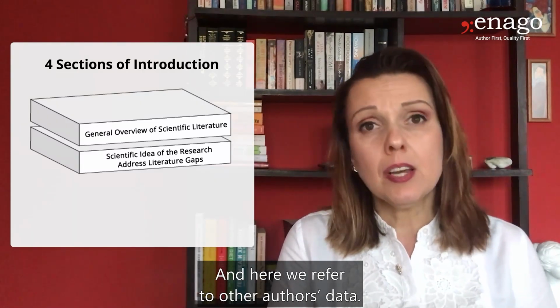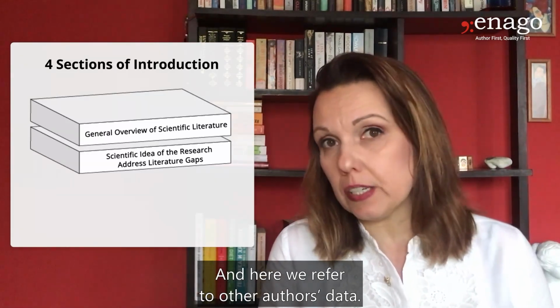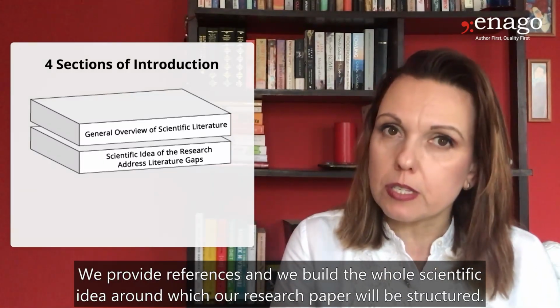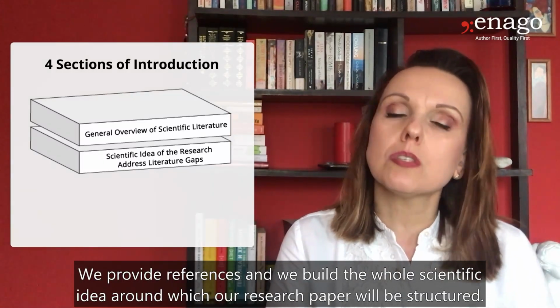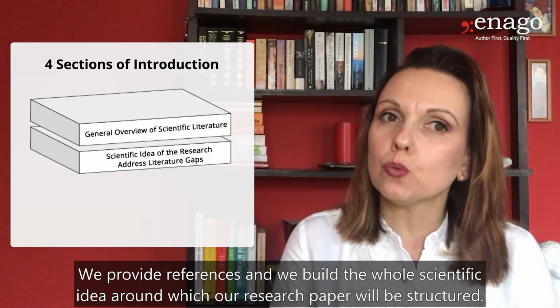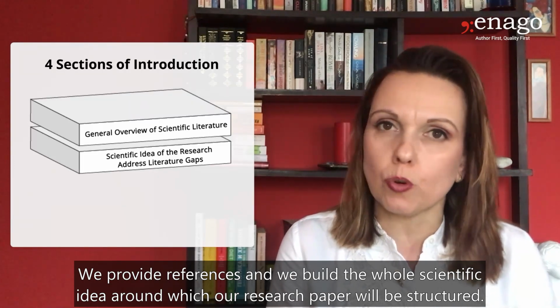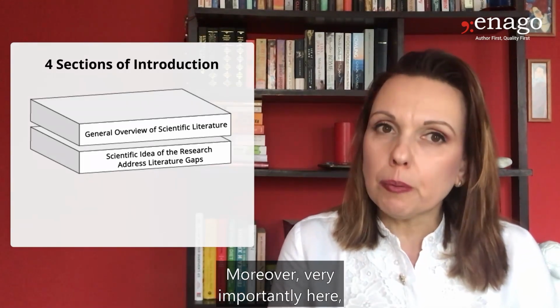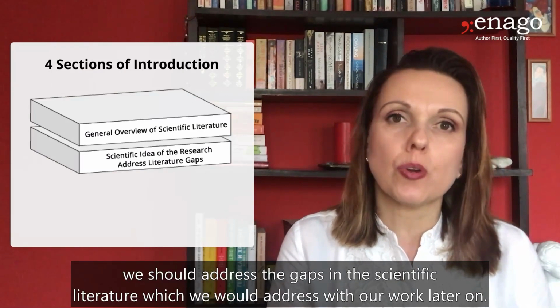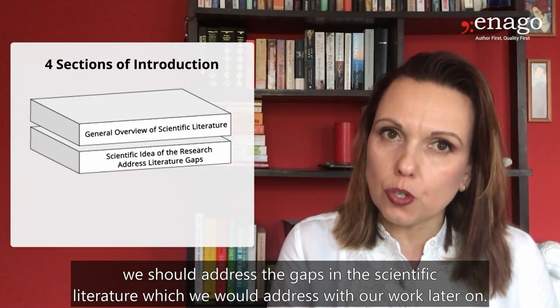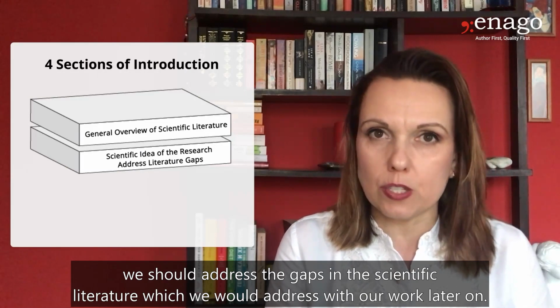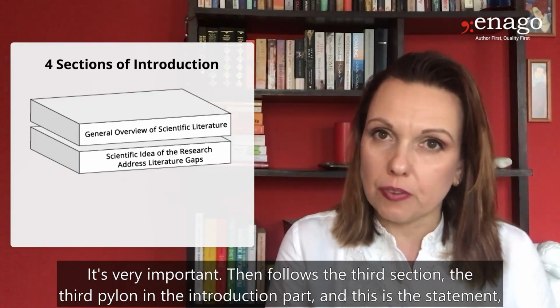And here we refer to other authors' data, we provide references, and we build the whole scientific idea around which our research paper will be structured. Moreover, very importantly here, we should address the gaps in the scientific literature, which we would address with our work later on. It's very important.